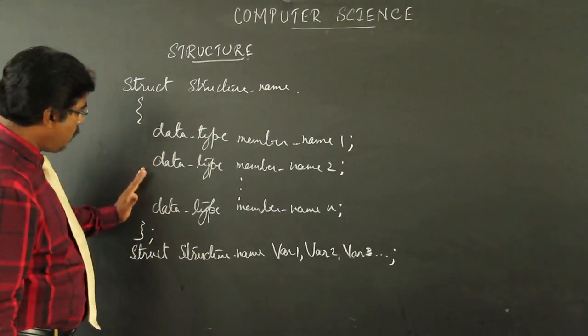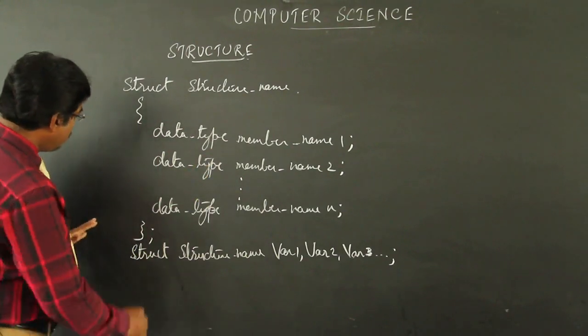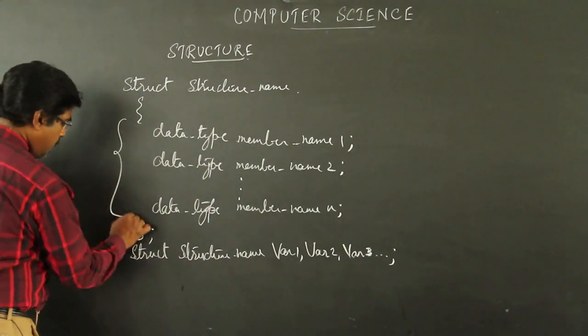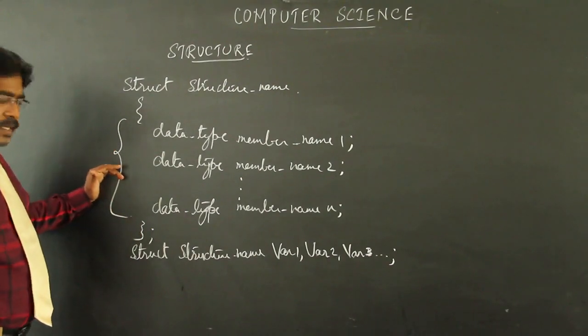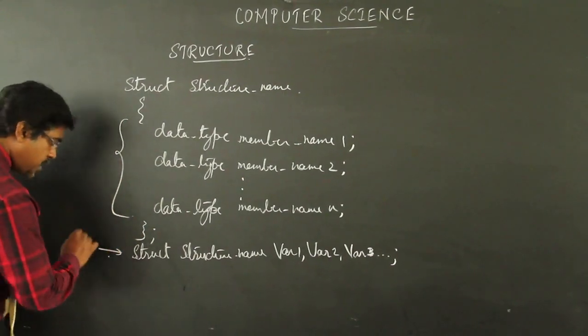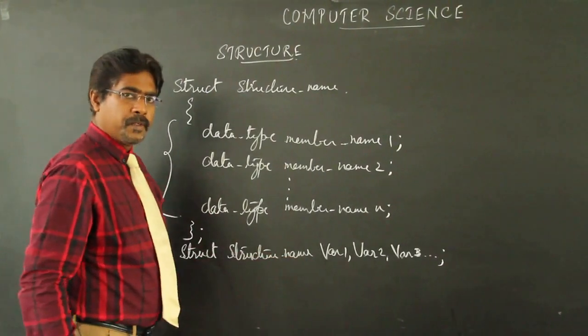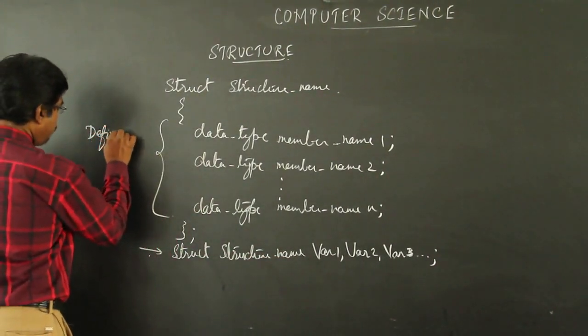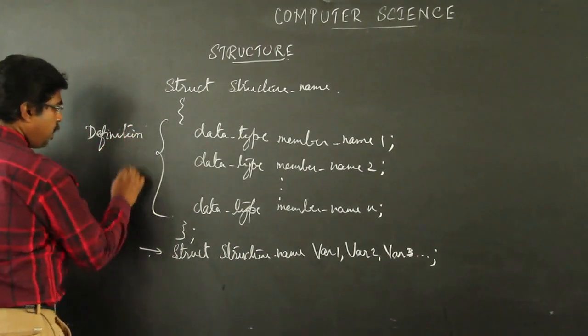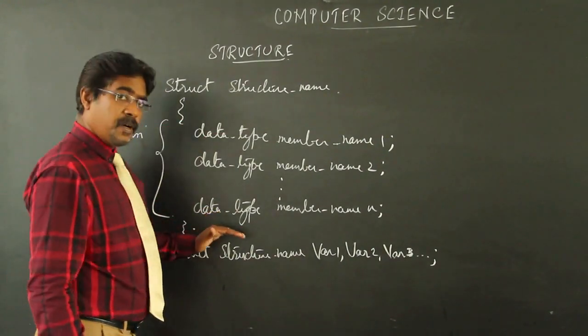When you focus on this part, this will be called the definition of a structure, and this part will be called the declaration of the structure. In the definition section of the structure, we have the members being defined.